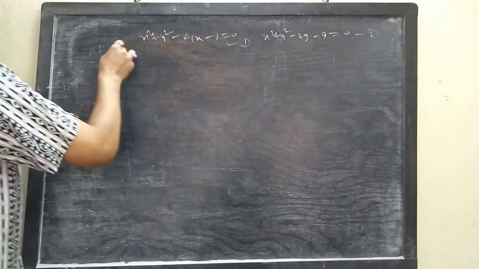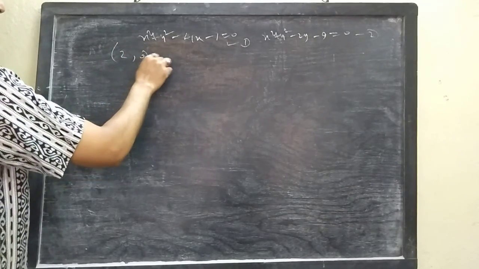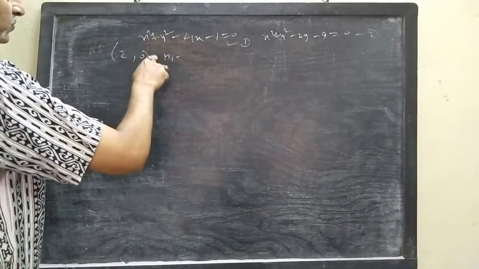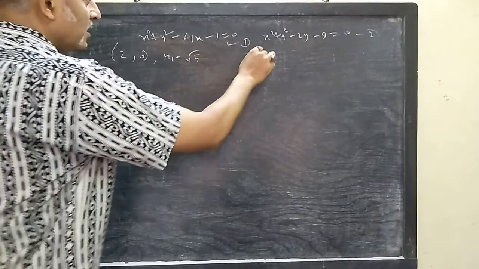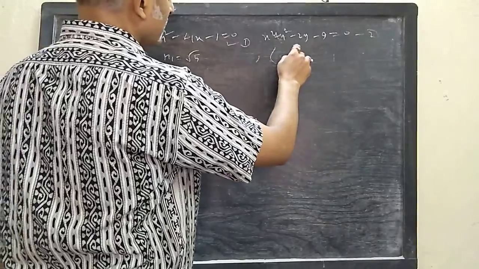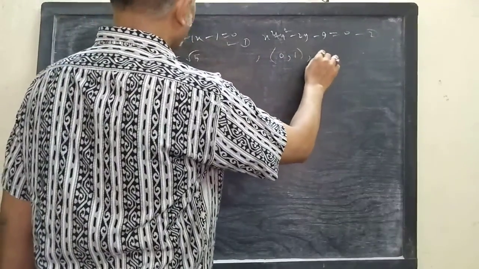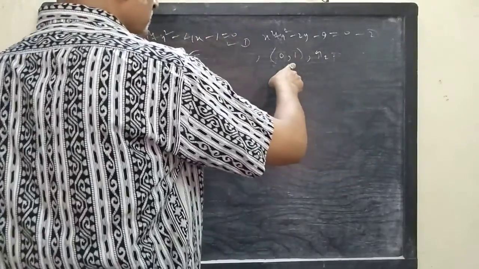The center of this circle is at 2, 0. Its radius is root of 4 plus 1, root 5 units, and center of this circle is at 0, 1, and radius is root 10.